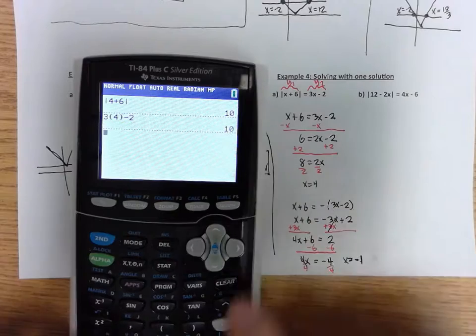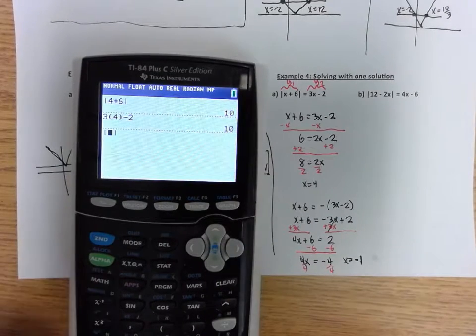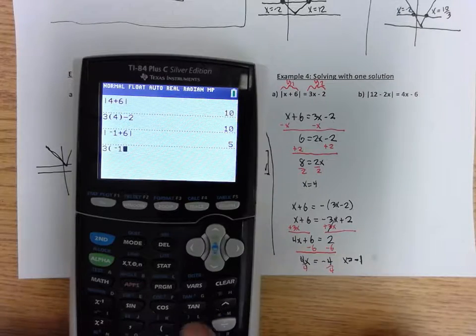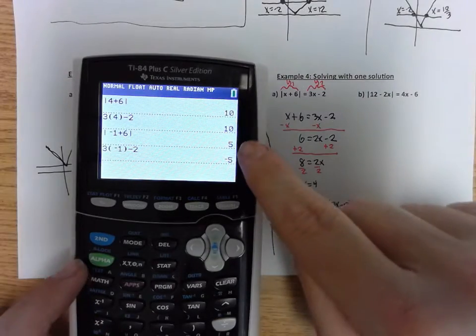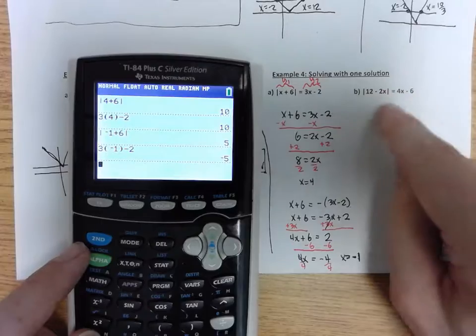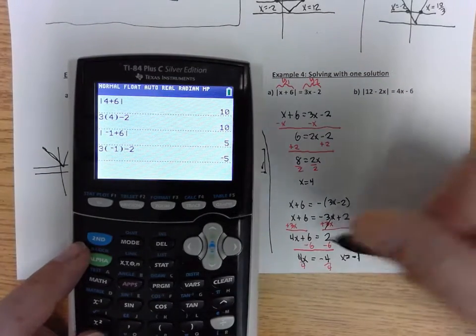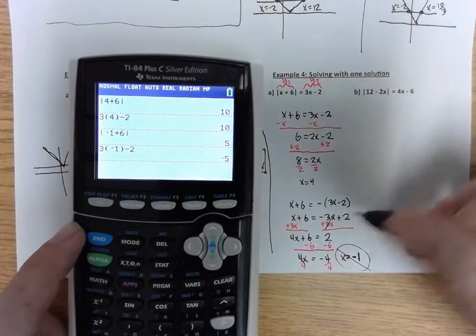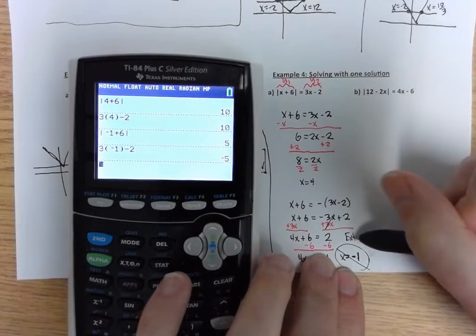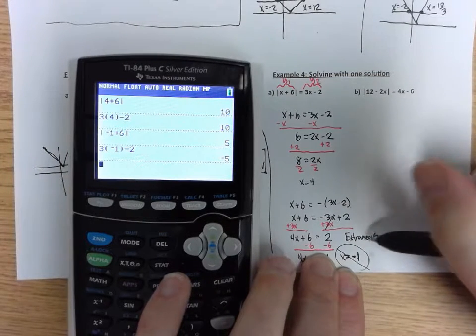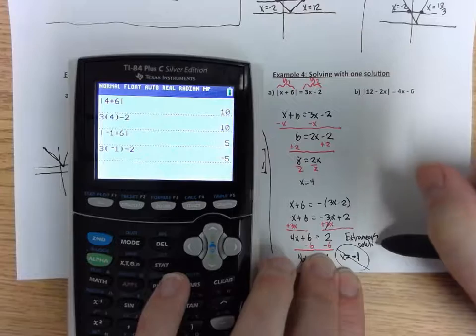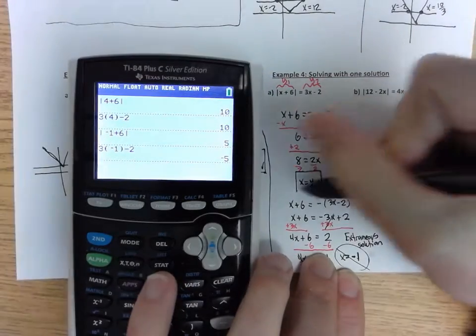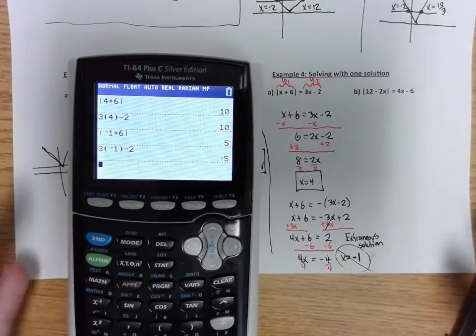But if I plug in negative 1, one side's going to give me 5 and one side's going to give me negative 5. So negative 1 is an extraneous solution. That means it doesn't work. Therefore, 4 is the only answer that you're technically going to have.